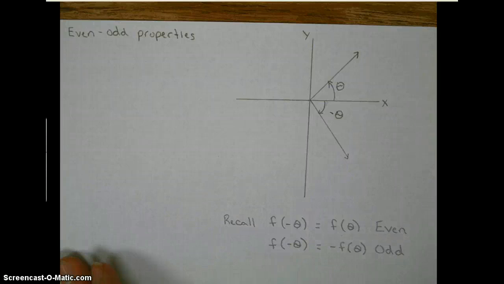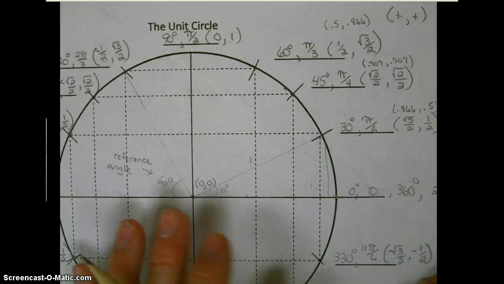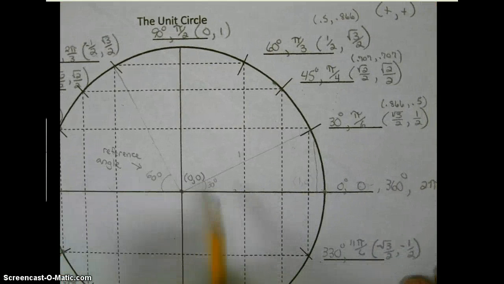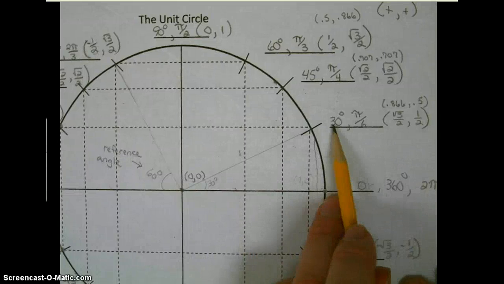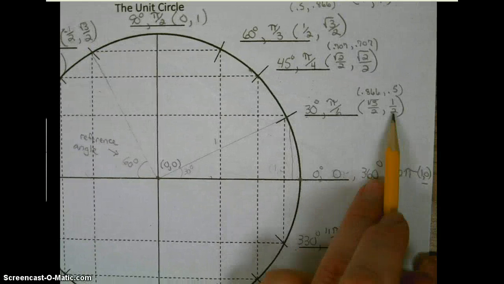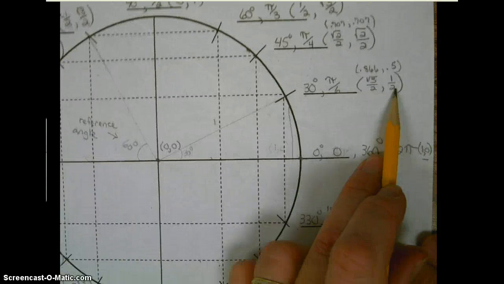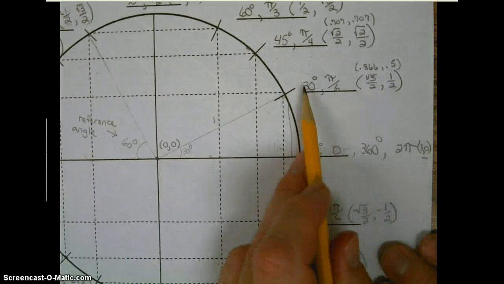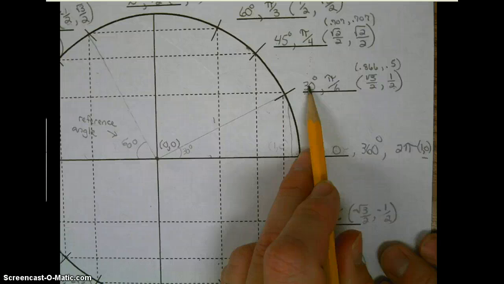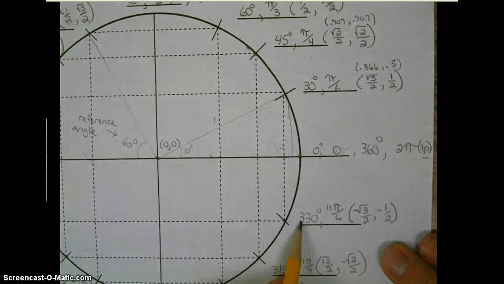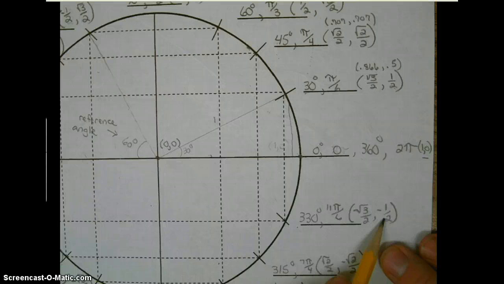So, if we start with our unit circle, you'll notice that the sine of 30 degrees is 1/2. Okay, so looking at sine, what happens if we put in the sine of negative 30 degrees? So that would be right here. Notice our output is negative 1/2.